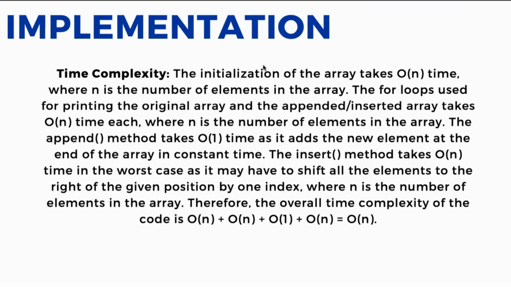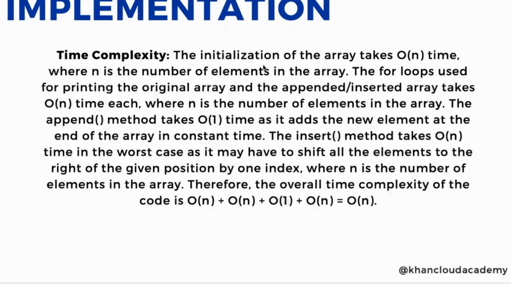The append method takes O(1) time, as it adds the new element at the end of the array in constant time. The insert method takes O(n) time in the worst case, as it may have to shift all the elements to the right of the given position by one index, where n is the number of elements in the array. Therefore, the overall time complexity of the code is O(n) + O(1) + O(n), which is O(n).